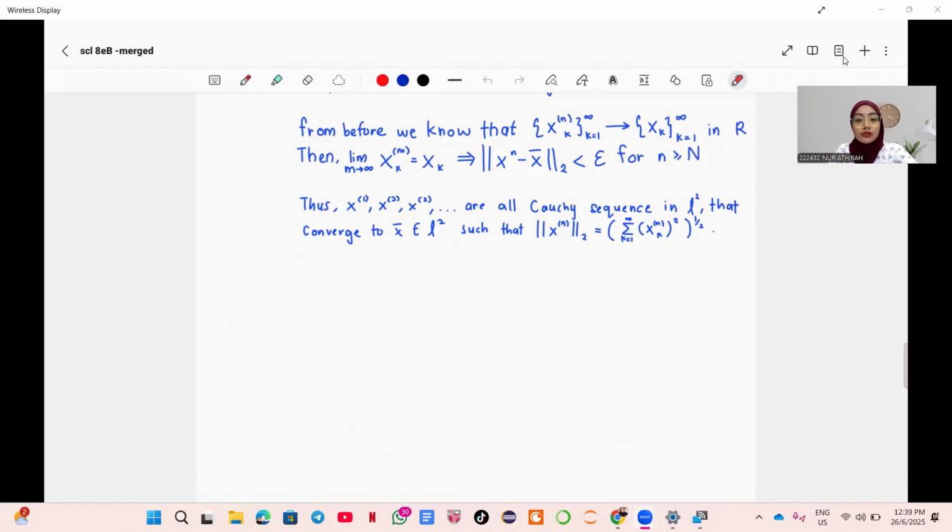And for the space L2, this property is especially meaningful because L2 is a Hilbert space, which means it has an inner product structure that allows us to do geometric-style reasoning in infinite dimensions, like working with orthogonality, projections, and series expansions.